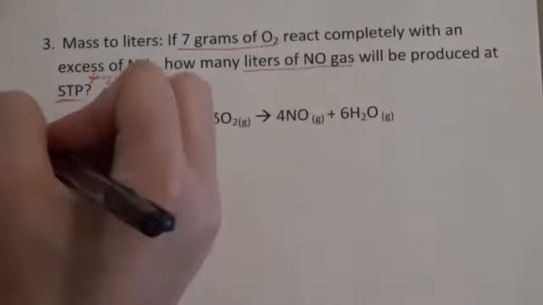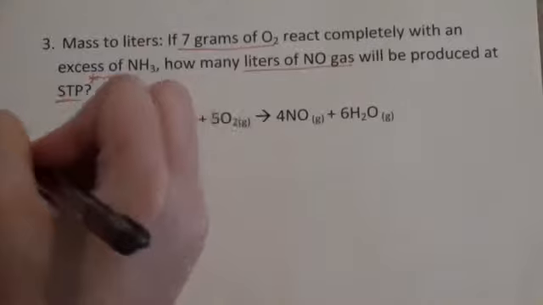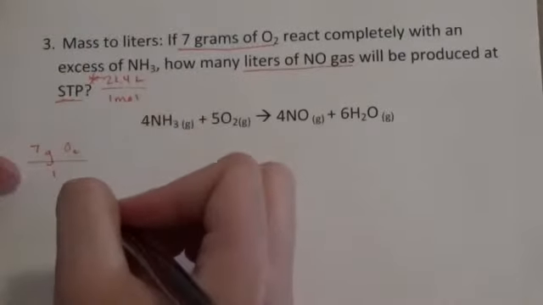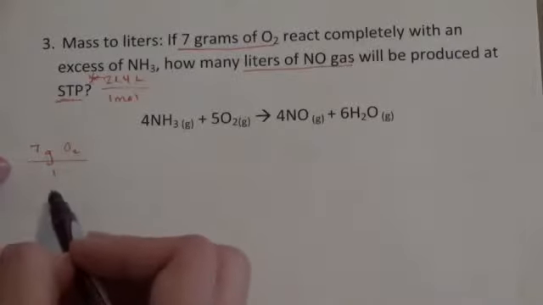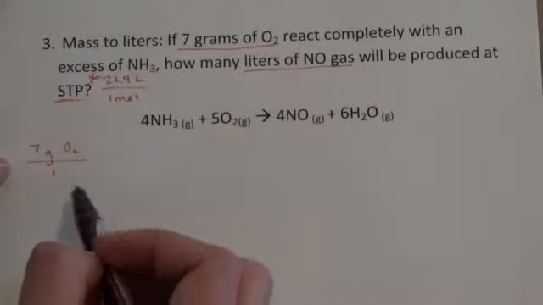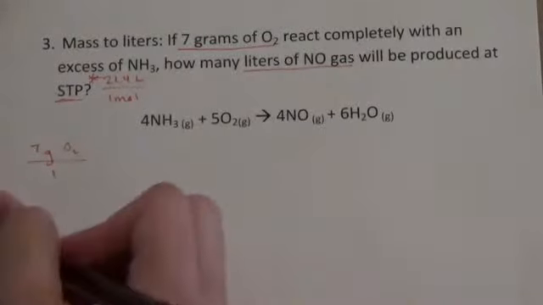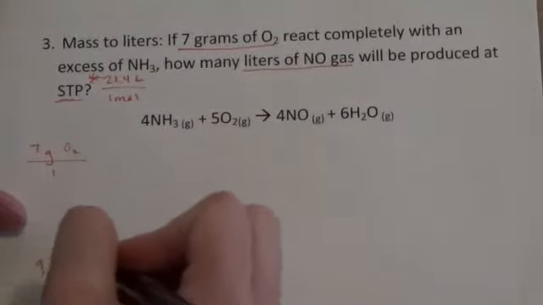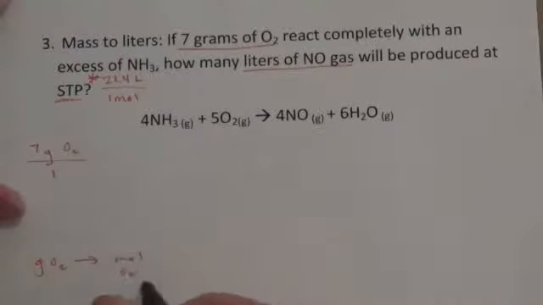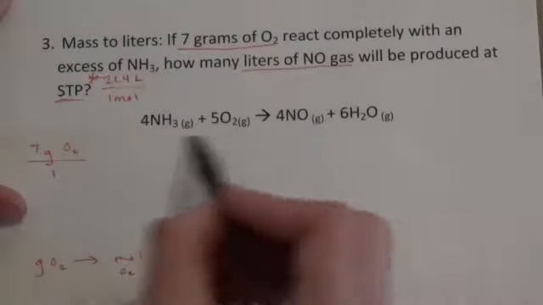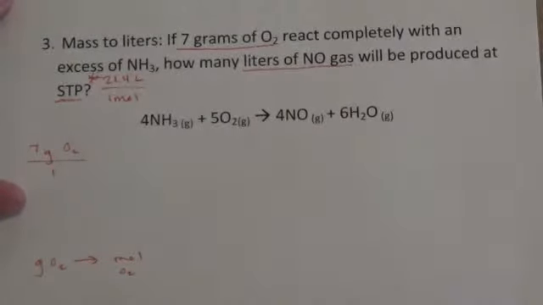So we're starting with our 7 grams of oxygen over 1. So like we used in the previous example, we're going to need to use the molar mass given from the periodic table as a conversion in order to get moles. So we're going to be starting with grams of oxygen, going to the moles of oxygen, because you need to go to the moles in order to be able to use these coefficients in their ratios up here.